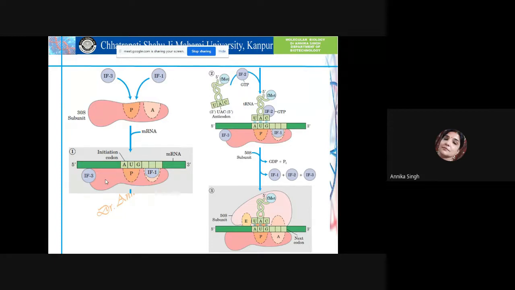This is a kind of signalling sequence, and it recognizes and base pairs with a complementary pyrimidine rich sequence near the 3 prime end of the 16S ribosomal RNA, which is a component of the 30S ribosomal subunit.